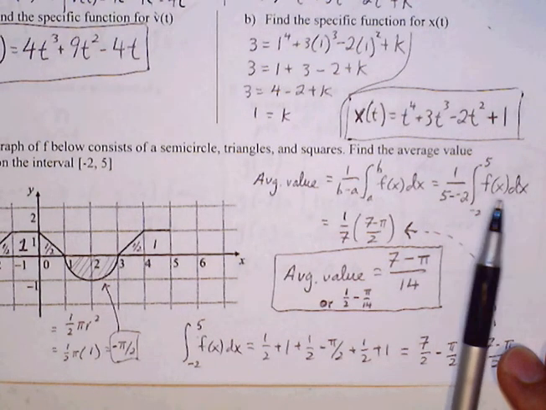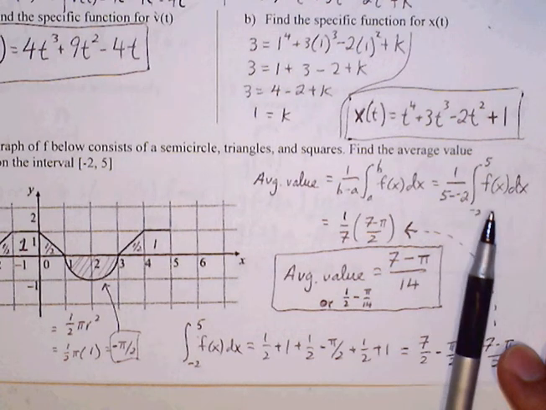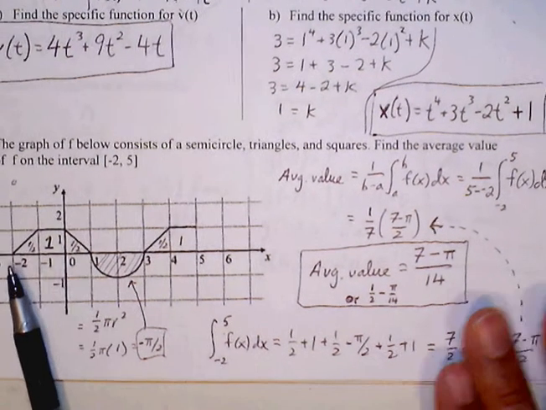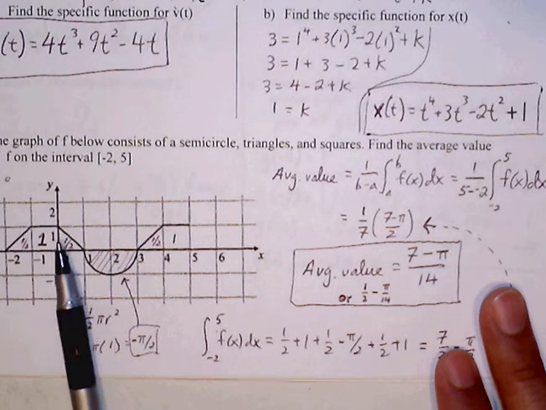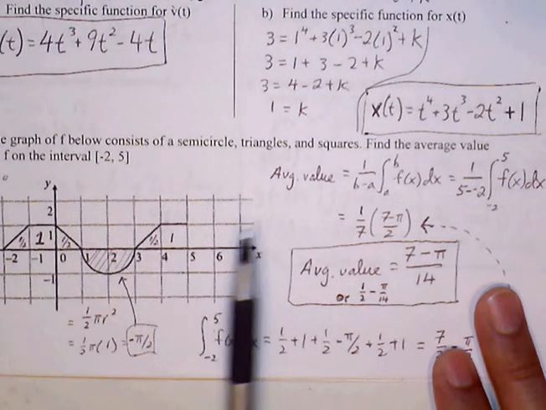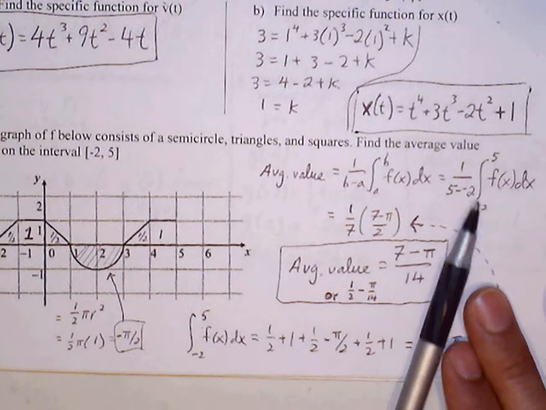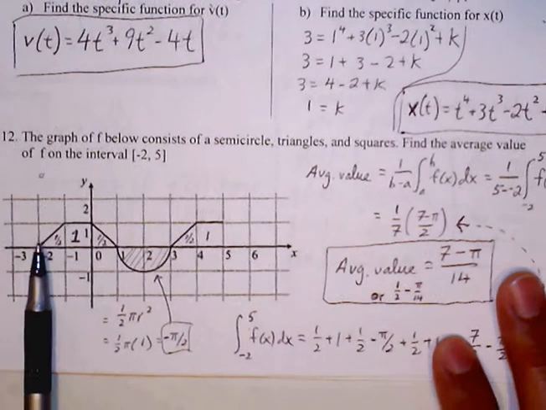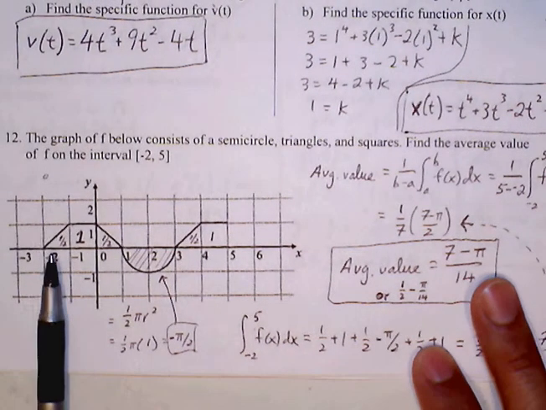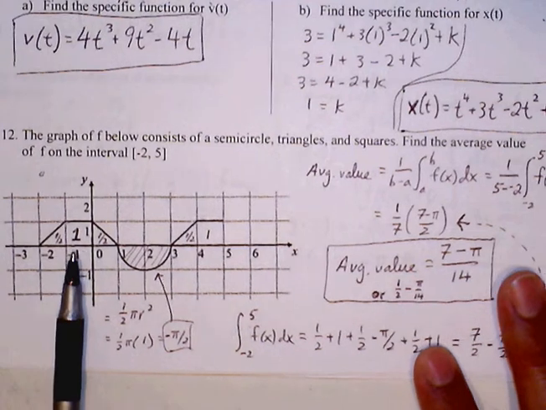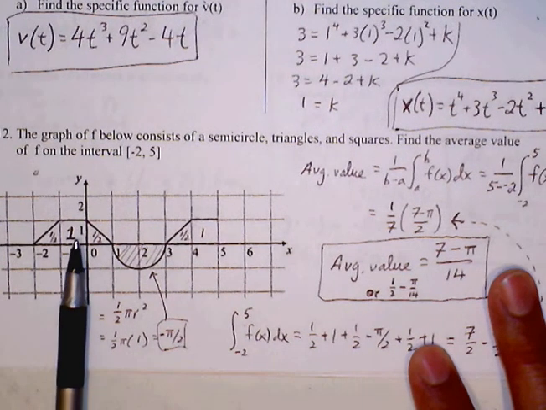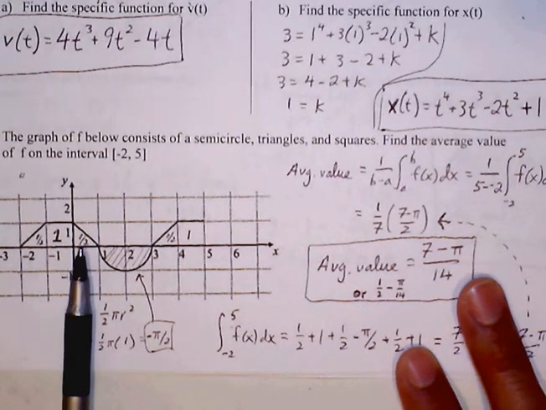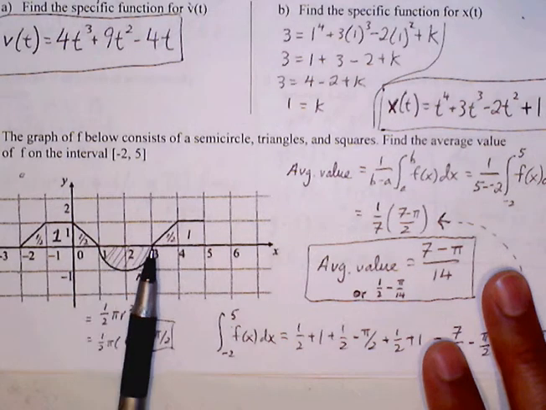Now, because we're given this graph with geometric shapes, we can simply find the definite integral of f of x from -2 to 5 by simply finding the areas of these regions. Okay, so we have a triangle here, 1/2 base times height. Square, base times height was 1. Again, 1/2 base times height. Here, this region is a semicircle.